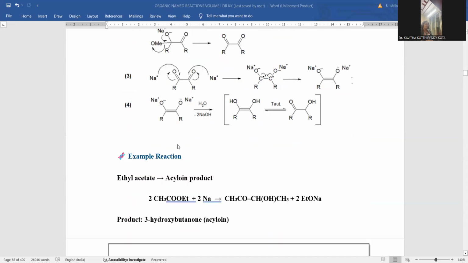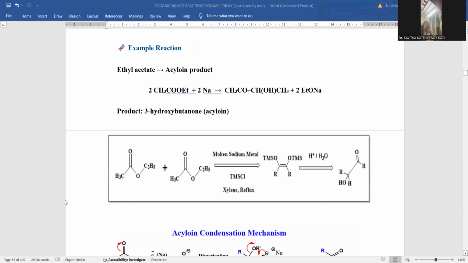An example of this acyloin reaction is 2 moles of ethyl acetate treated with sodium metal. There is a formation of CH3CO, CHOH, CH3, which is the product, an alpha hydroxy ketone. The same reaction is given in schematic form, where I am taking CH3, C double bond O, OC2H5, this is ethyl acetate, treated with another molecule of ethyl acetate and molten sodium metal.